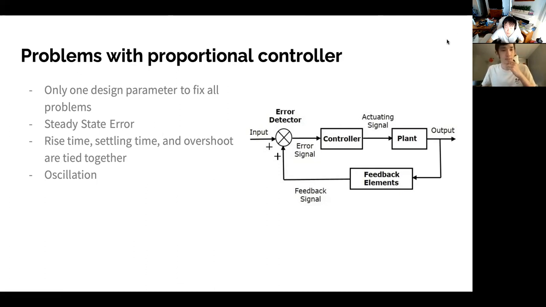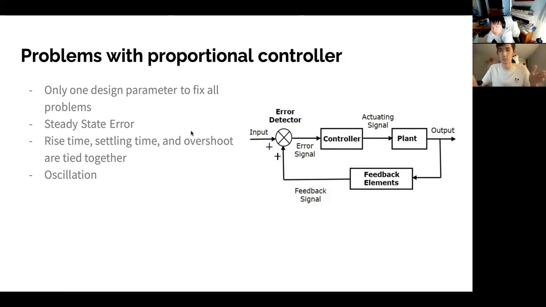Secondly, we'll talk about this in a little bit. Proportional controllers will pretty much always have steady state error, unless your plant is a little different. But in our case, it will always have steady state error. We're going to analyze rise time, settling time, and overshoot. This is when you're trying to tell your drone to reach a target.